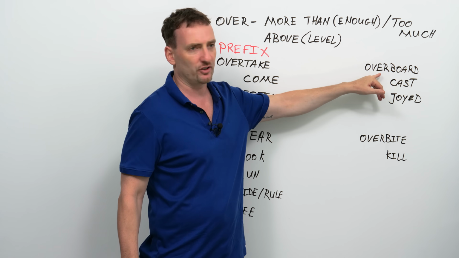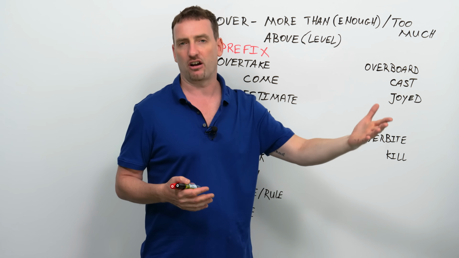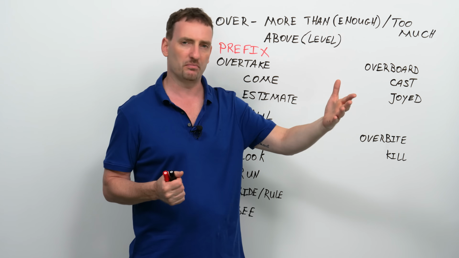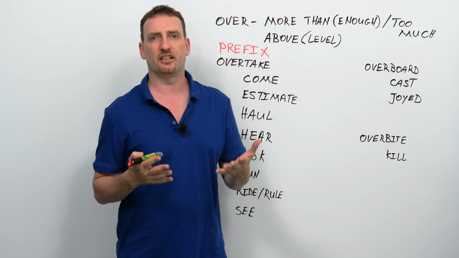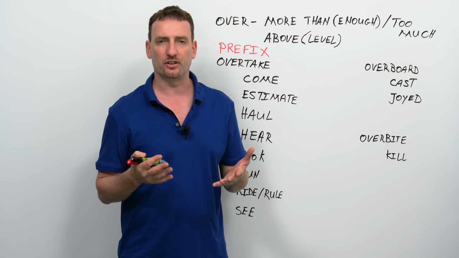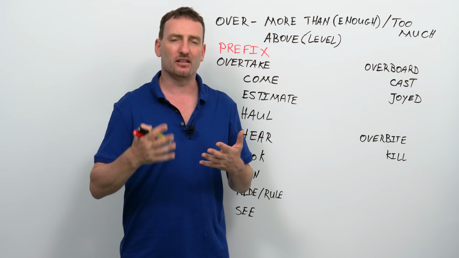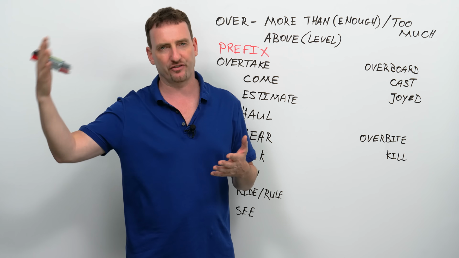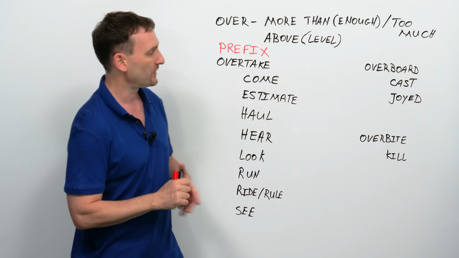But if you're talking about a general situation, overboard means a little bit too far, okay? A little bit more than they should have. So if somebody is reacting badly to some bad news and they start firing or they start yelling at people, then they've gone a little bit overboard. They've gone a little bit further than they should have, and it makes other people feel uncomfortable.